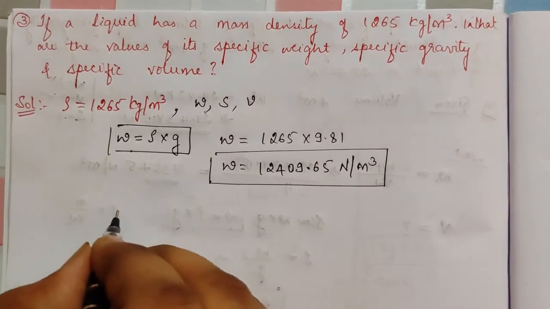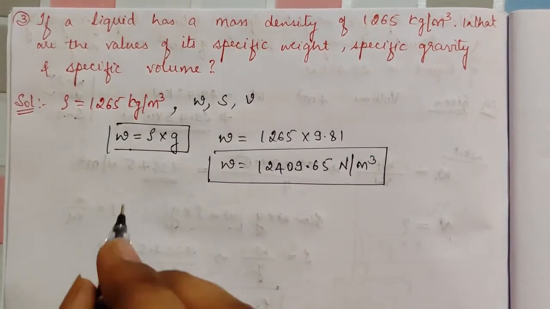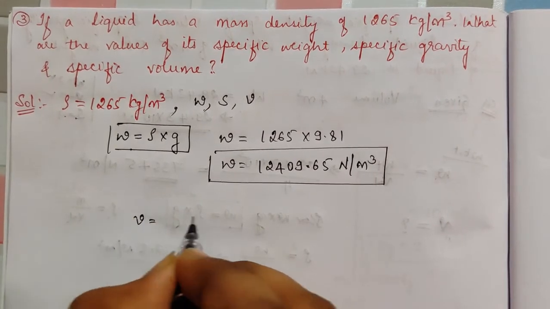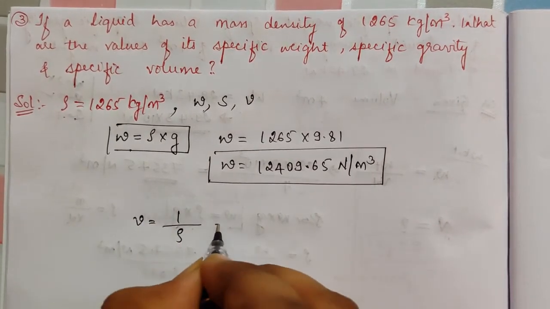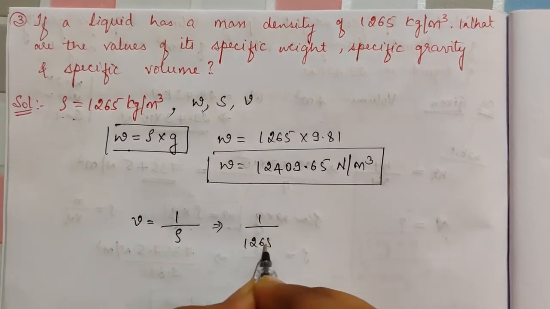Next, specific gravity. But before specific gravity, we'll find the specific volume. What is the specific volume? Specific volume is nothing but the reciprocal of density. Just divide 1 by it.